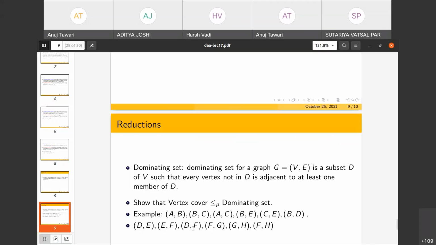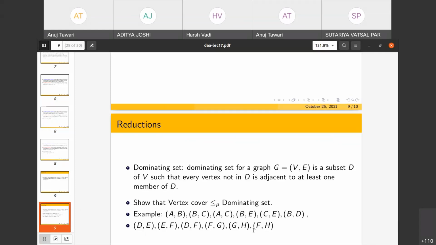So let's take this example: A, B, B, C. These are the edges. I'm defining a graph on these vertices. The vertices are A, B, C, D, E, F, G, H, and these are the edges which I have. There is an edge from A to B, B to C, A to C, and so on.